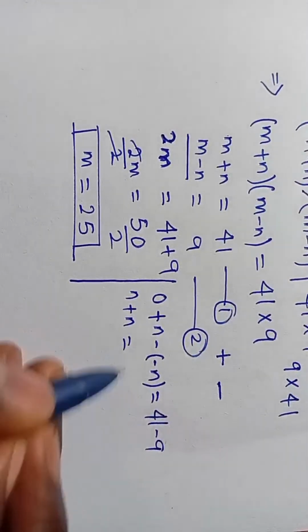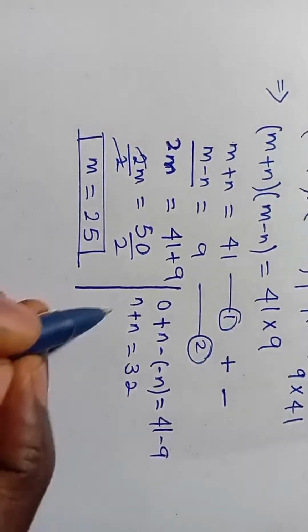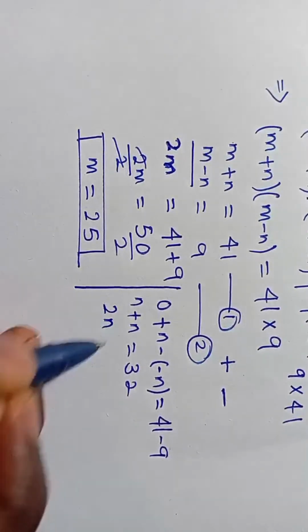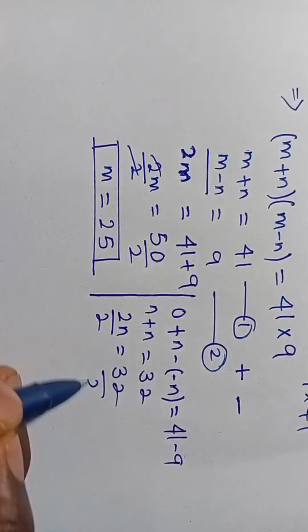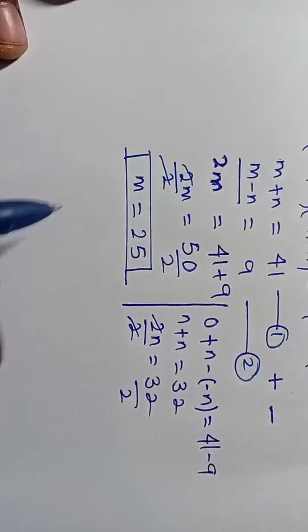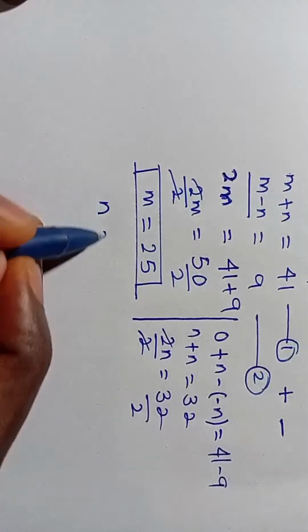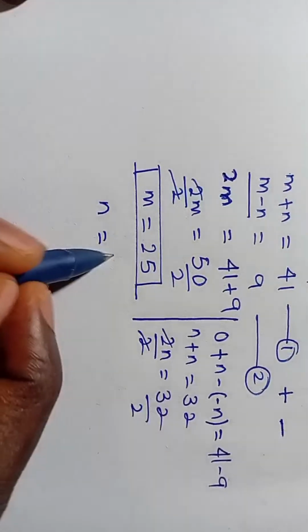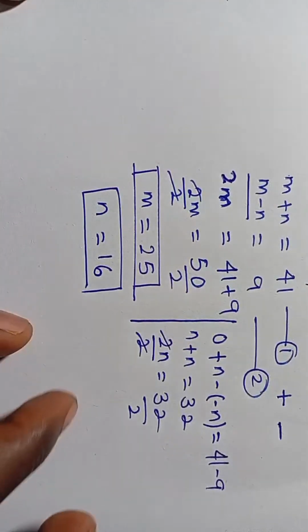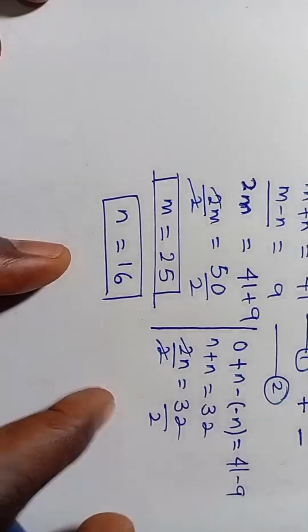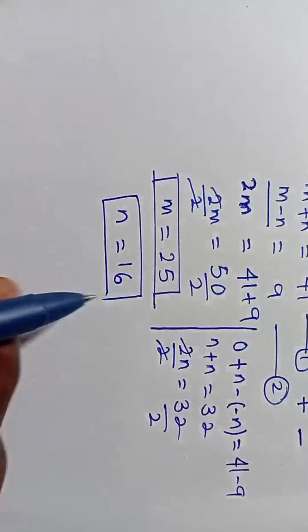This will give us 32. Then we have 2n equals 32. So divide through by 2. This will cancel out. Then we have n equals 32 divided by 2, which will be 16. We also have n to be equal to 16.